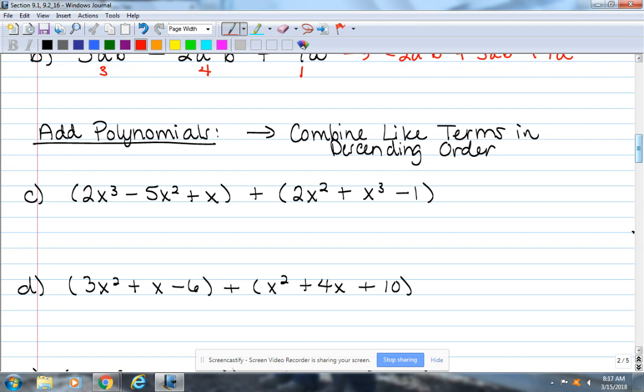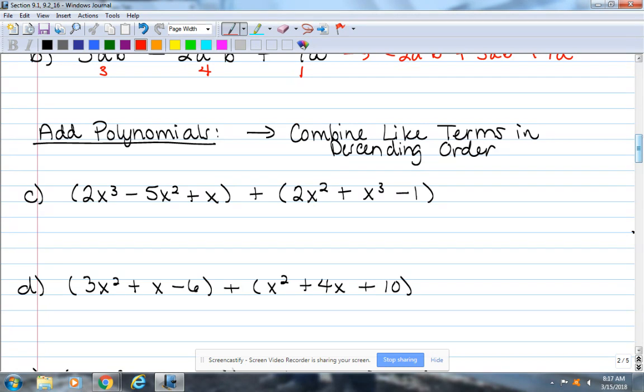Some say yes, some say no. But are they the same if they have the same exponent? Is there a difference in a number to the third power and a number squared? A big difference, right? And x is just an unknown number, right? So like terms have to have the same variables and same exponents. You need to know that. Like terms have same variables and same exponents.